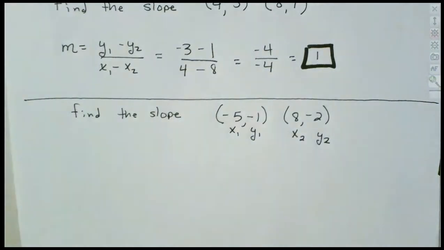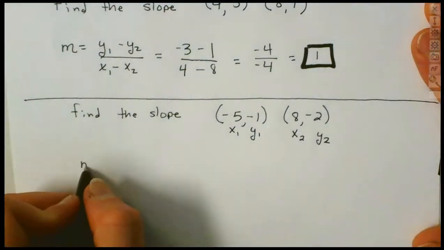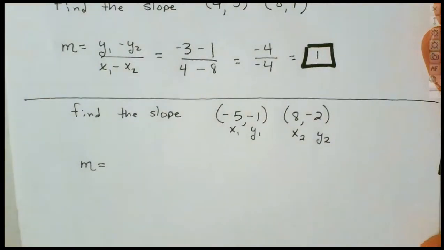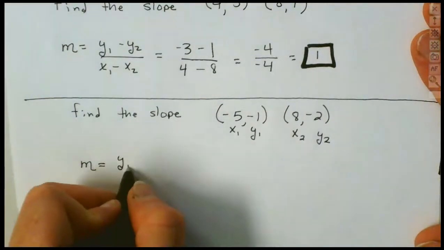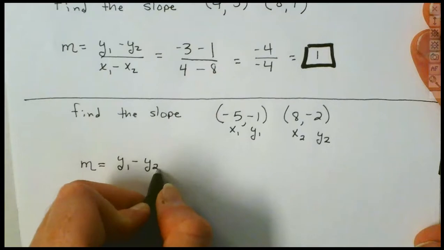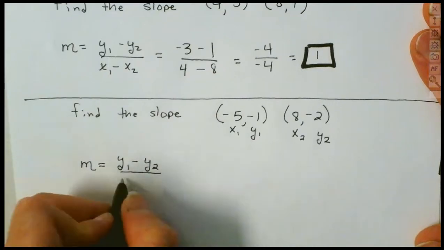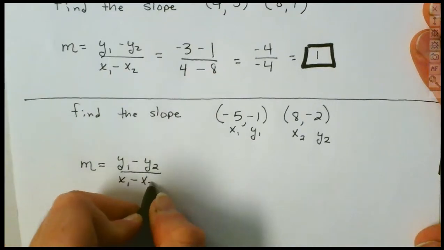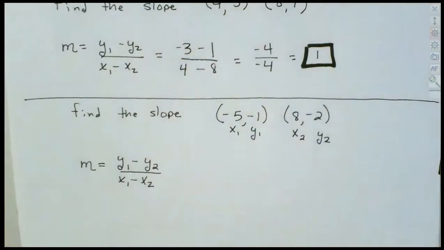What are we finding? Well, we are finding our slope. So let's write up our formula for the slope here. And that's m equals y1 minus y2 over x1 minus x2. So that's what we've got. We now take our ordered pairs and we plug them in.